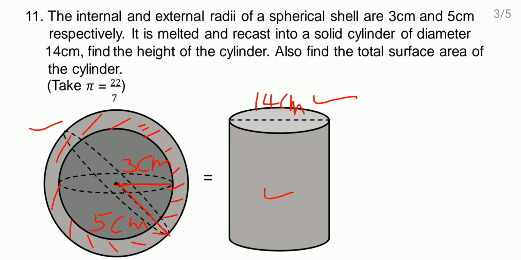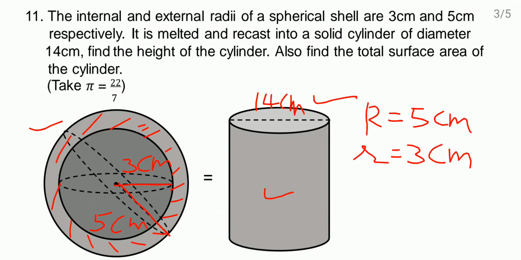Okay? So here I'll write down capital R, which is equal to 5 cm, small r, which is equal to 3 cm, and the radius of the cylinder, RC, which is equal to 7 cm, because the diameter is given as 14 cm.